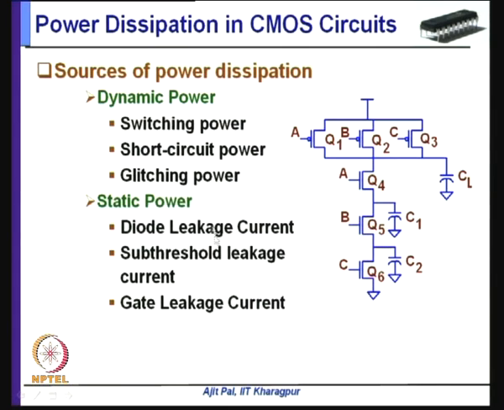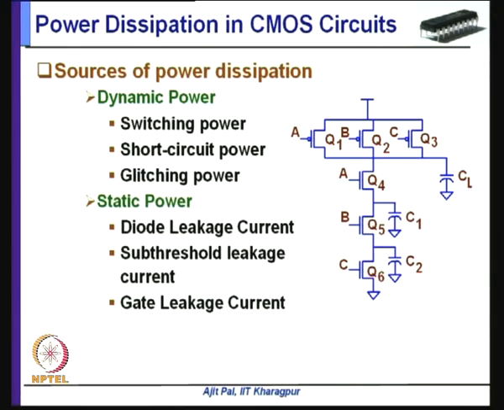And these leakage currents lead to power dissipation even when the circuit is not in operation, that means it is in the standby condition. So, when the circuit is in operation, both dynamic power and static power dissipation occur. On the other hand, when the circuit is in standby condition, not in operation, then static power dissipation occurs. Okay. So, these are the sources of power dissipation.